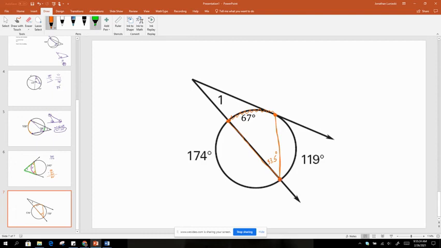I now also have this angle here, which is capturing this arc, which is 119. So if I do 119 divided by 2, that's going to give me 59.5.